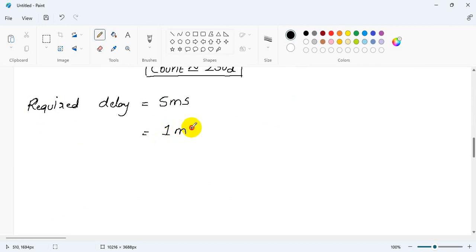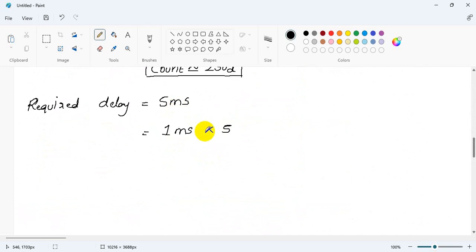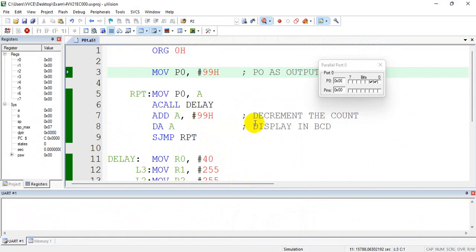We will call this 1 millisecond code 5 times. That's it. Let's say for some other program you have around 10 milliseconds. In that case, we will call this 1 millisecond code 10 times. So that's why you have to remember your base code. If you remember the base code for 1 millisecond, you can write the code for any number of milliseconds. We shall program the same now.